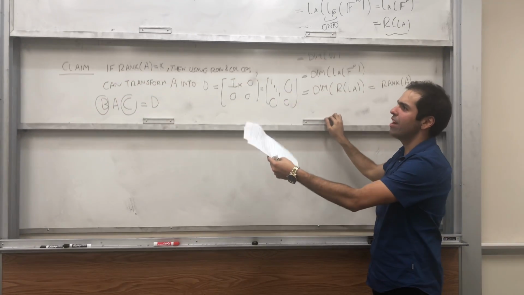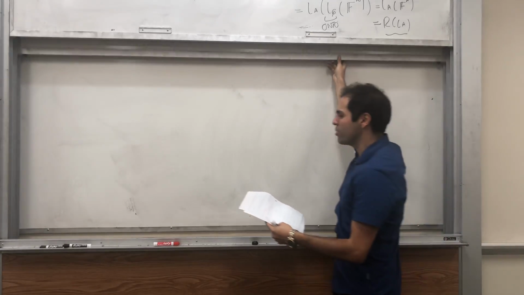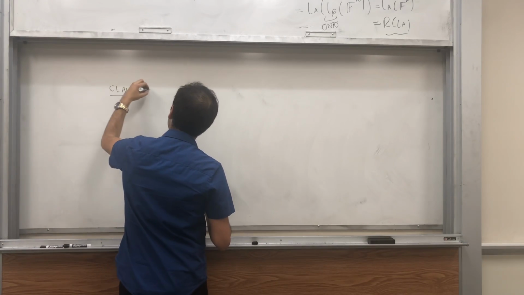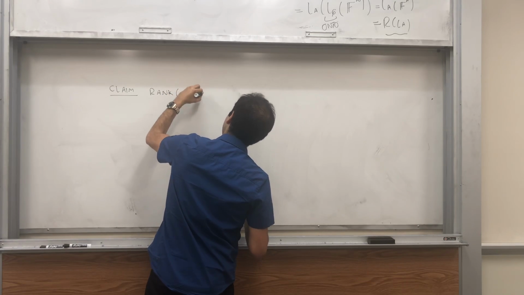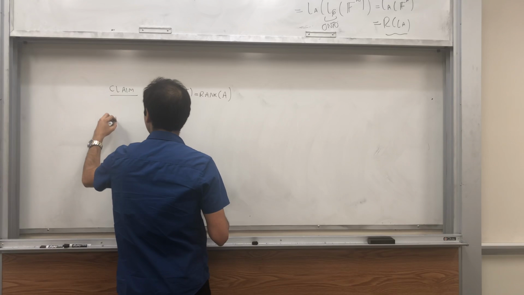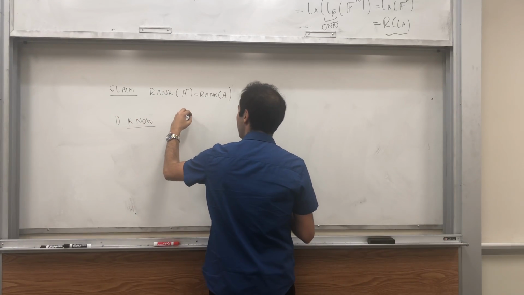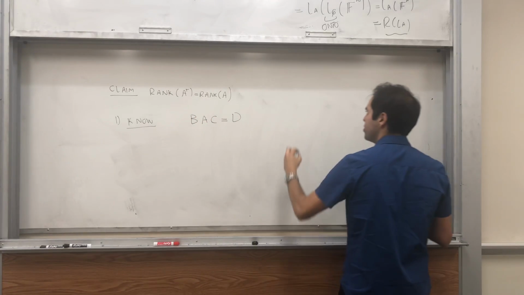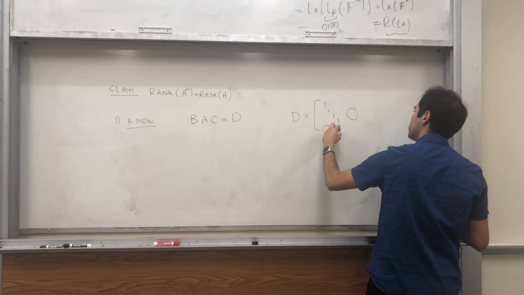now we are actually ready to prove that the rank of A transpose equals the rank of A. And you'll see it'll just flow like butter, because what do we know? We know that you can transform A into a matrix D, where D has a bunch of ones and then just zeros.